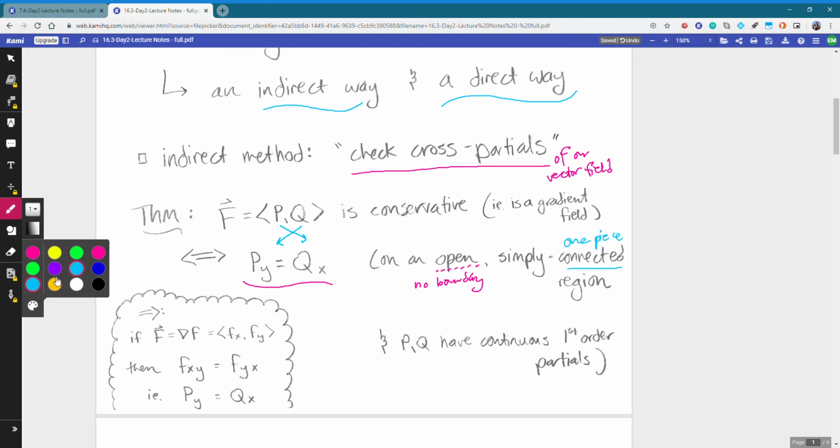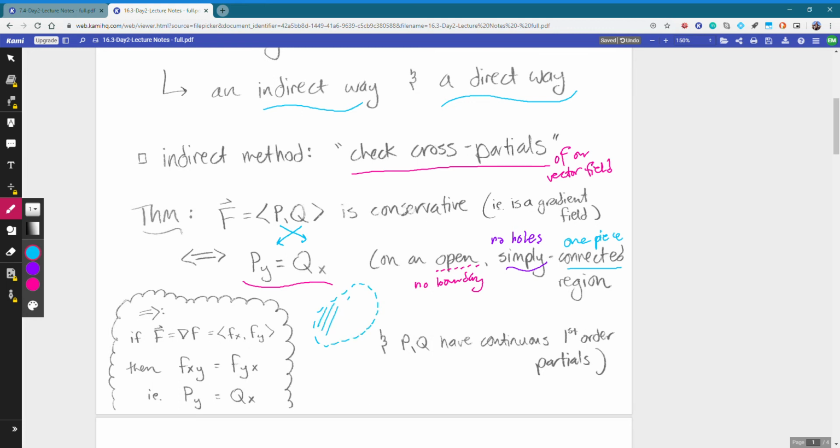The simply portion says that not only is our region one piece, but there are actually no holes or anything in our region. And so to draw a picture, the kind of region we're thinking about looks like this. So no boundary, so I'll draw this dashed.